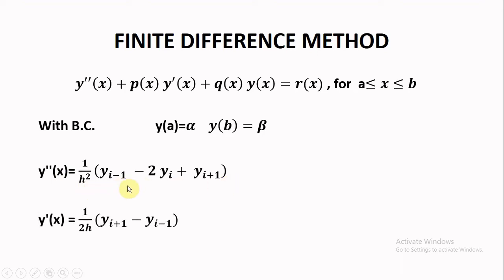Similarly, the first order derivative using the central difference approximation can be approximated by this difference. If we use these approximations in the given differential equation, which we have to solve for the given boundary conditions, we can simplify the equations using the finite difference method. So let us learn about this method.